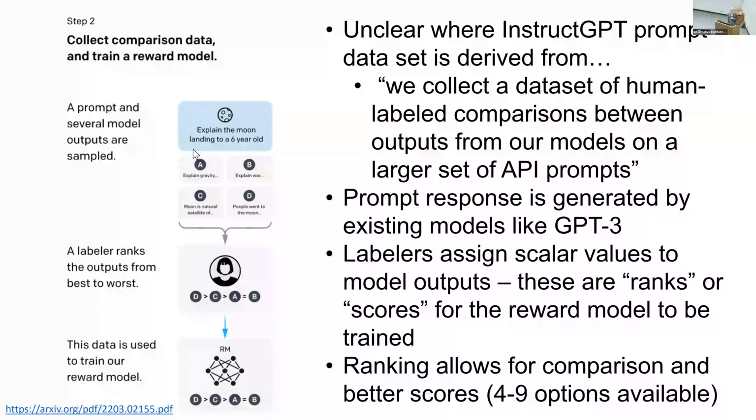GPT-3 basically in the case here for InstructGPT. So you have a whole series of different explanations of what the moon landing is like for a 6-year-old. And then the labeler, instead of having to write out that explanation about people going on the moon, simply ranks all of the different explanations from the different models right here.